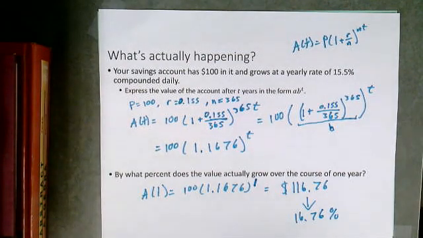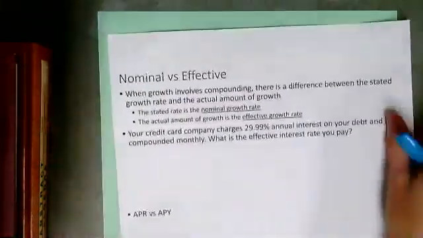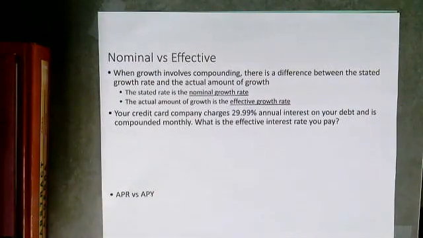Okay. So actual growth versus, well, we get into what's called nominal versus effective growth rates. And that's what we're going to talk about next. Nominal versus effective. When growth involves compounding, there is a difference between the stated growth rate and the actual amount of growth.